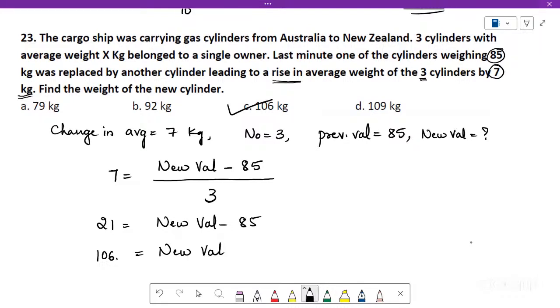Is this clear? Yes or no? Right. So this is about change in average.